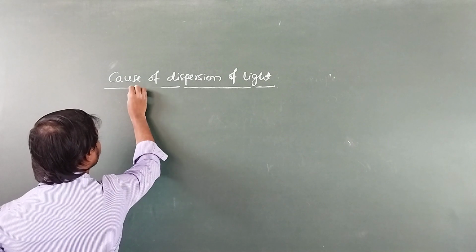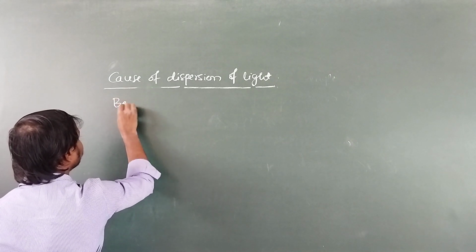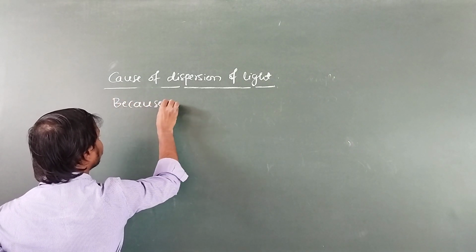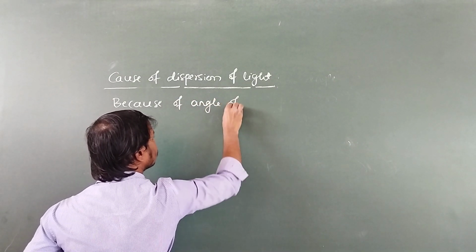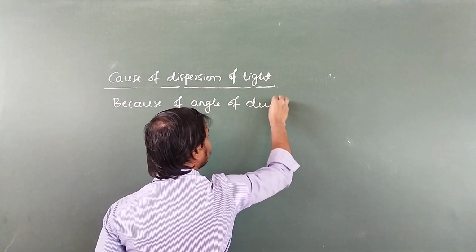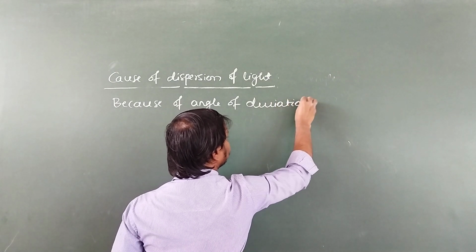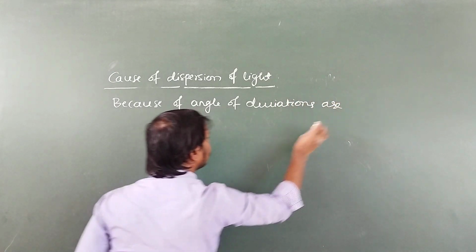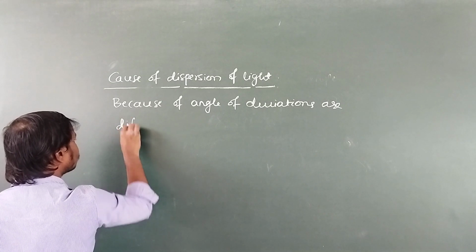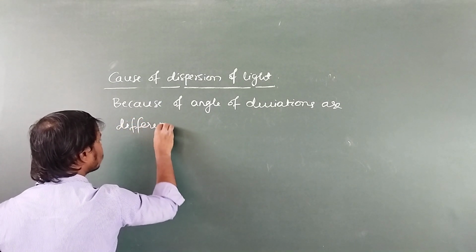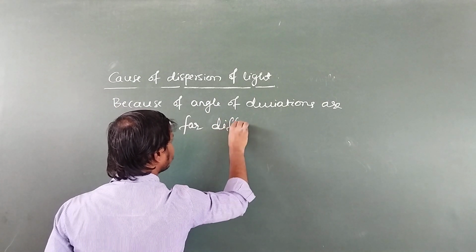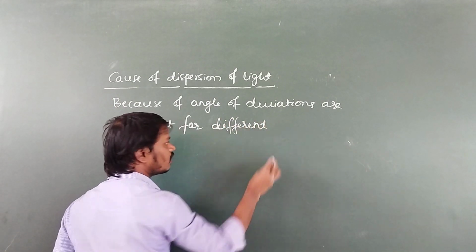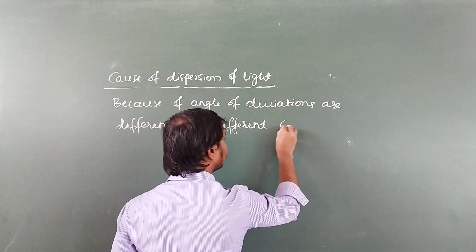See, because angles of deviation are different for different colors which are present in the white light.